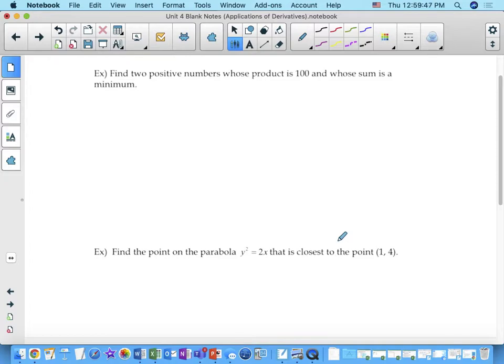So if you said, let the two numbers be x and y. Now you have something to work with, okay? So product is 100. Okay, so can we come up with an equation now? Yeah, okay. What would the equation be? Yeah. Yeah.